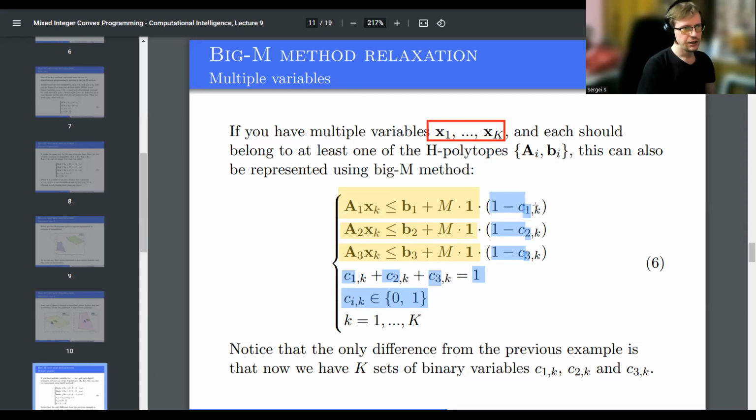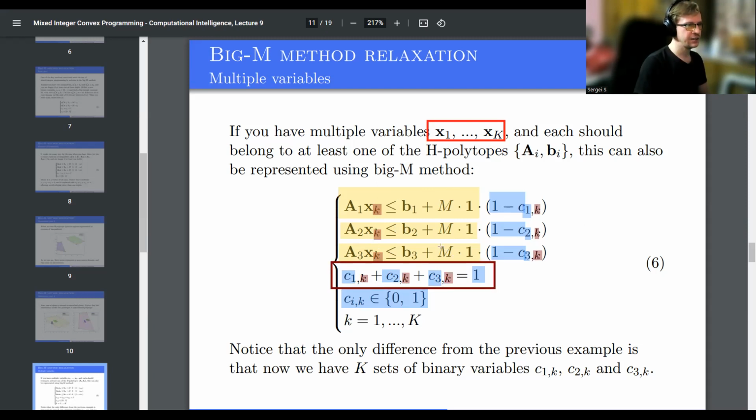Let me show you. So this k means that we have not just one set of decision variables, so choice variables, c, but we have k sets of those variables. So we have c1, c2, c3, one set for x1, another set for x2, another set for x3, another set for x4, and so on. So this k corresponds to this k. And for each of them, we have this separate inequality here. So this whole inequality would have to hold for each of the x's individually.